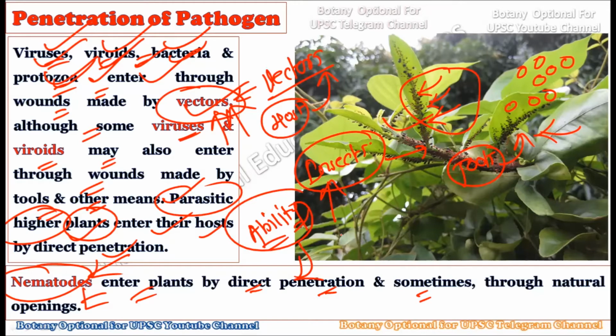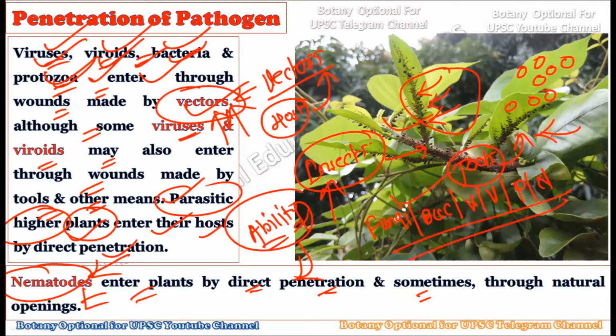And then we have already talked about the fungi, how sometimes they take one method, or sometimes different methods. So basically, while writing the answer in the UPSC mains, you have to compare the fungi, then go for the bacteria, then the viruses, then the viroids, then the protozoa and the nematode.